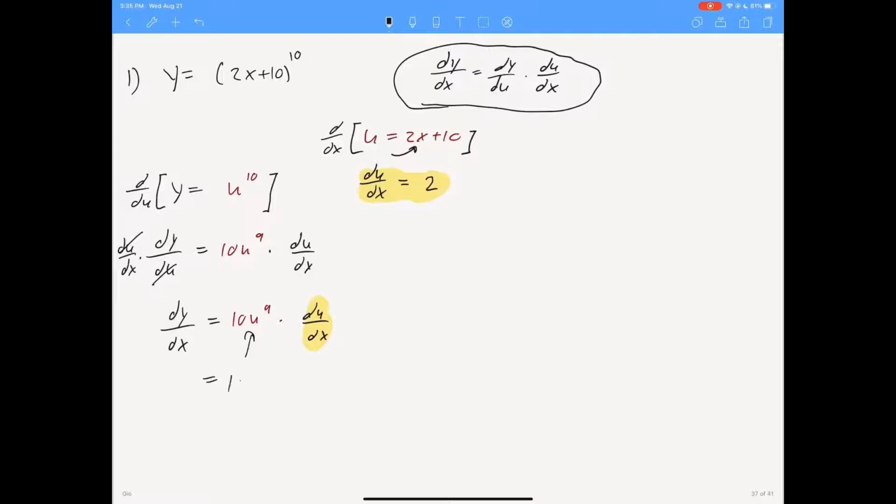So 10 times u raised to 9, 10 times 2x plus 10 raised to 9, times our derivative of u, which was 2. That's equal to 20 times the quantity 2x plus 10 raised to 9. And that is the derivative of our y function.